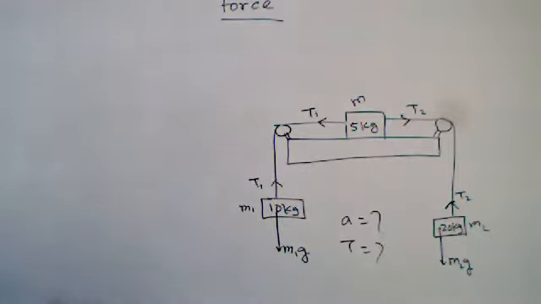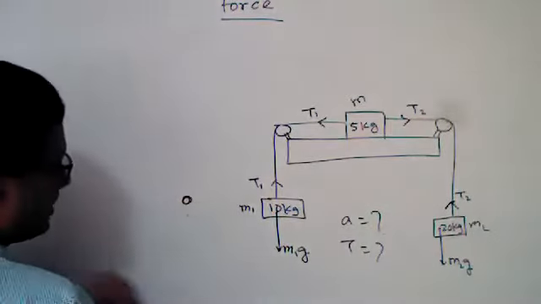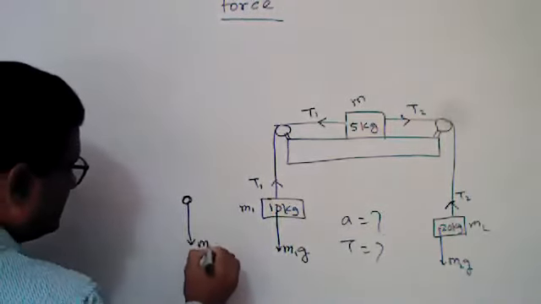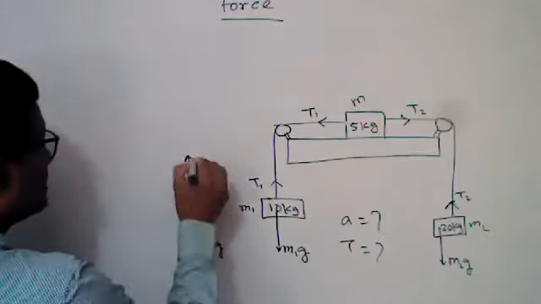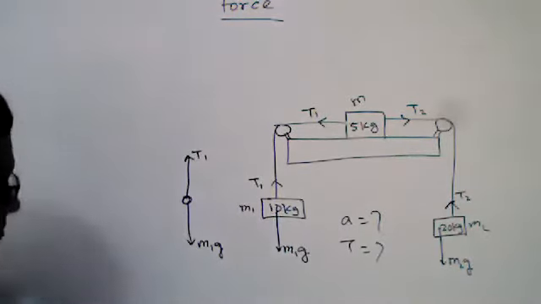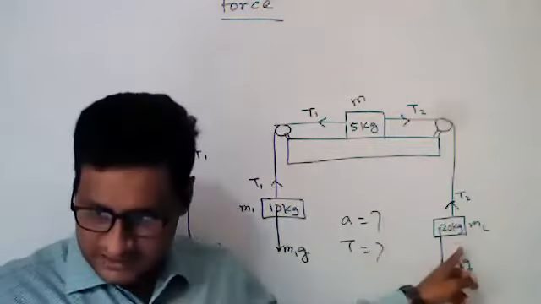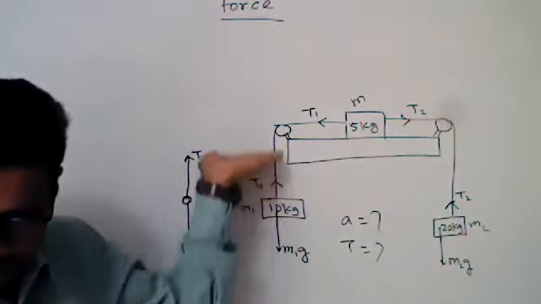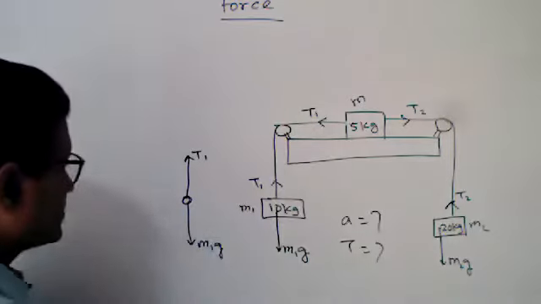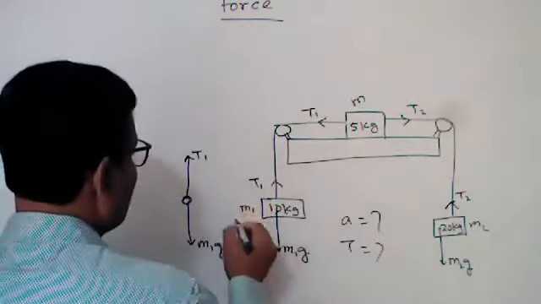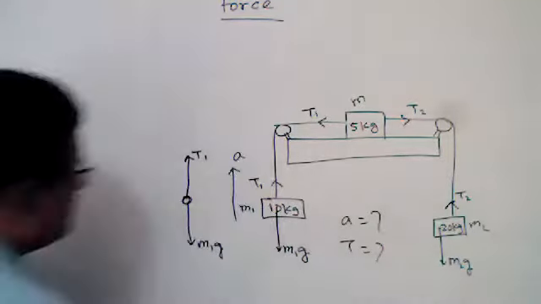For this figure portion, we consider this is the object, the weight in this direction and tension in this direction. This mass is 10 kilogram and this mass is 20 kilogram, so the object moves upward. So T1 is greater than M1G, and the acceleration is in this direction.